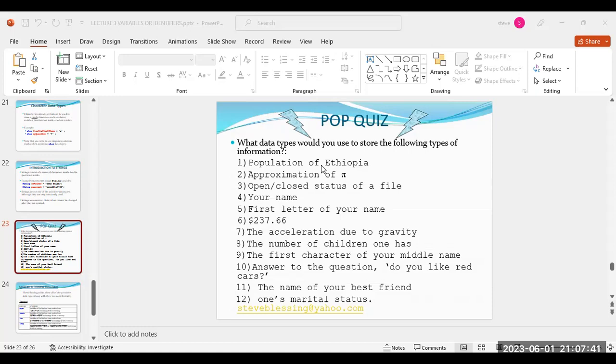So give me the declaration, the data type and then the name. Let me type it. Long pop.